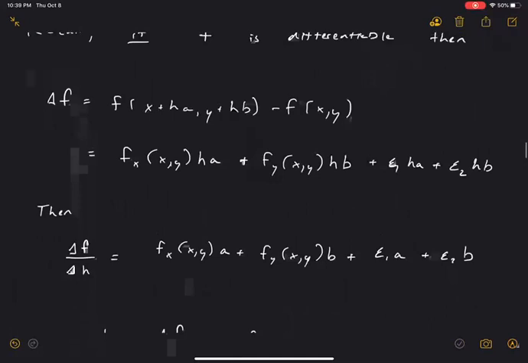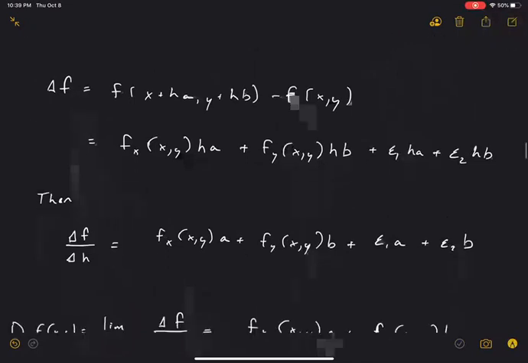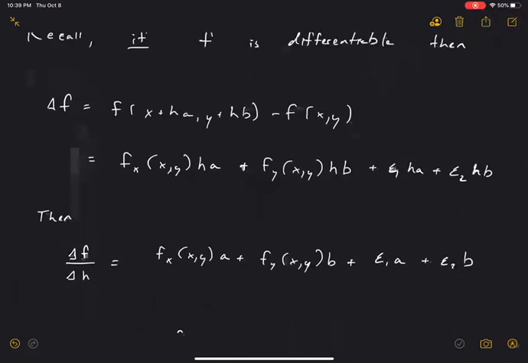Well, our derivative should be the limit of delta f over delta h, right? So that's kind of where we're headed. What is delta f over delta h? This is our delta f up here. Okay. And then if we divide by delta h, what's going to happen? Well, let's see. These h's here, here, here, and here are going to cancel out if I'm dividing by h.